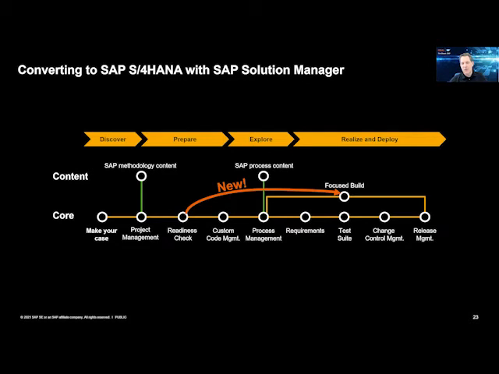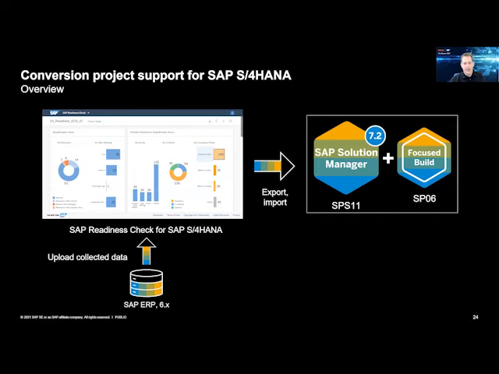And in addition, we also need to manage the custom code, which is also a result of the readiness check, to make the custom code compatible to SAP S4hana. And here, I'd like to show the integration between the readiness check and Focus Build. So the readiness check explains what the findings are.